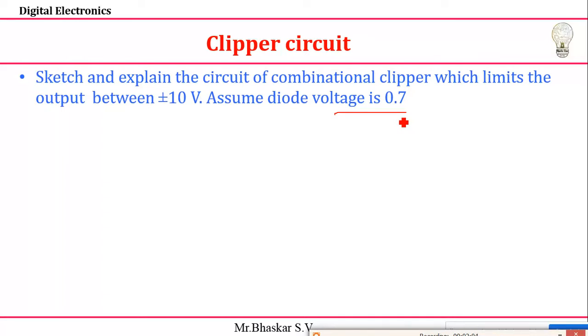So first, I want to construct the circuit; later I am going to analyze it. First see what question they have given: sketch and explain the circuit of the combinational clipper which limits the output between plus or minus 10 volts. It's a combinational circuit, so I want to construct it such that the output waveform consists of plus 10 volts and minus 10 volts.